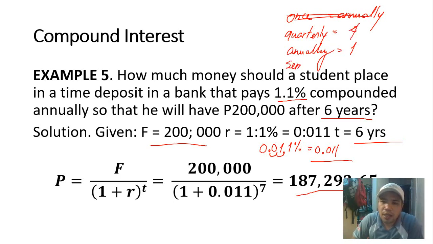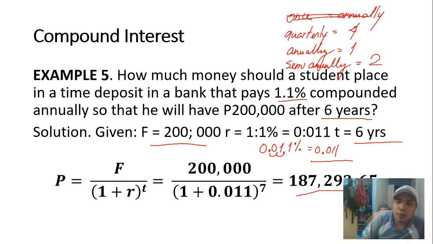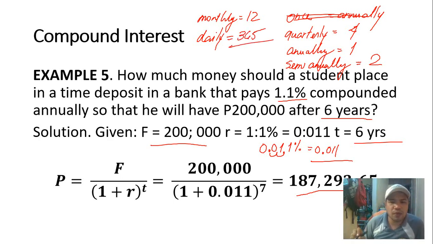Semi-annually is every 6 months. There are two 6-month periods in 1 year, so 2. We also have monthly, that is 12. Daily, we will not count 365 and 1/4 days. That is 365, fixed. So, that will be for the compounding more than once a year.